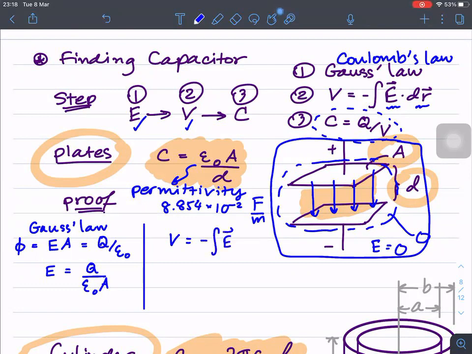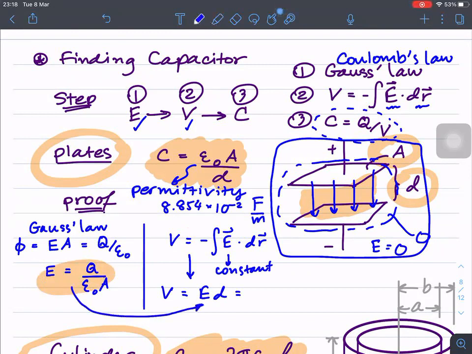So it is integrate E dot dr. But as E is a constant, this equation can be reduced into the form of V equals ED, right? And from V equals ED, we can substitute the E from this side onto this side, and I come up with QD over epsilon zero A.